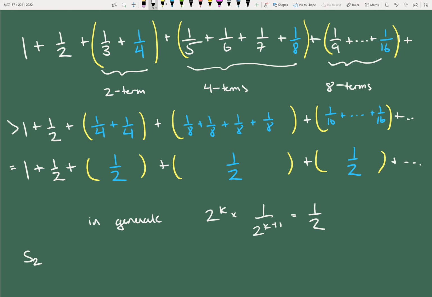You get something like s_(2^k) is greater than (k plus 1) over 2, something like this. It's probably not exactly what it is, but it's something like that. And so now it clearly goes off to infinity, because as you let k go to infinity, the right-hand side becomes arbitrarily large.